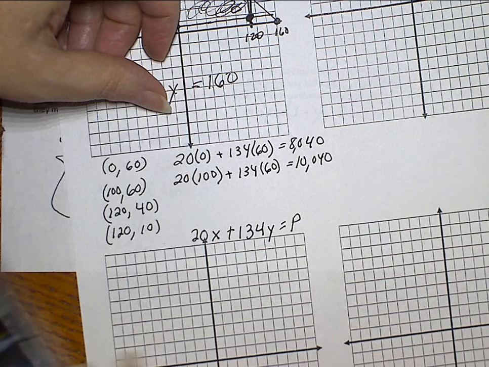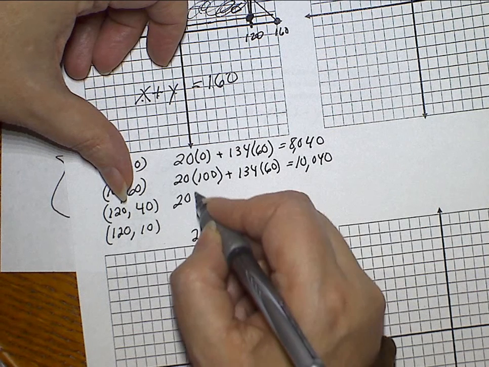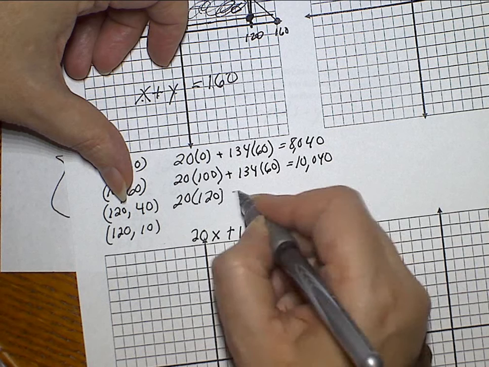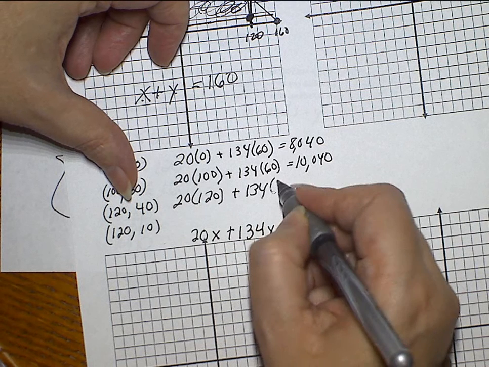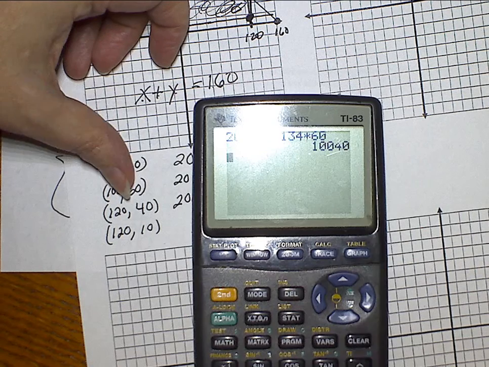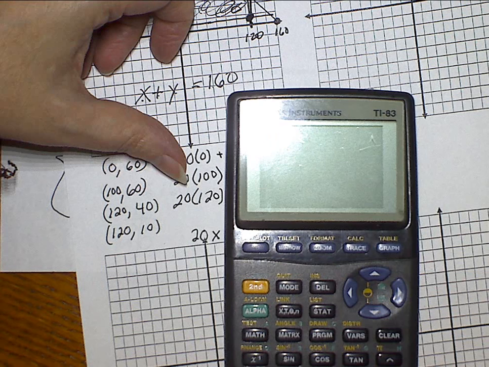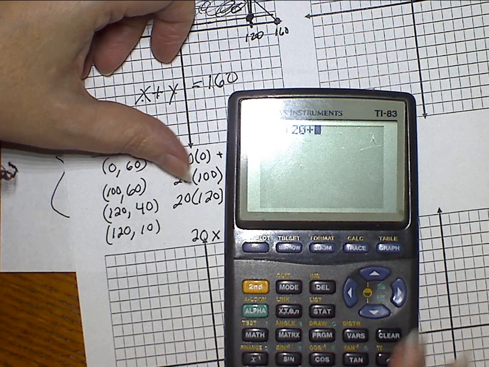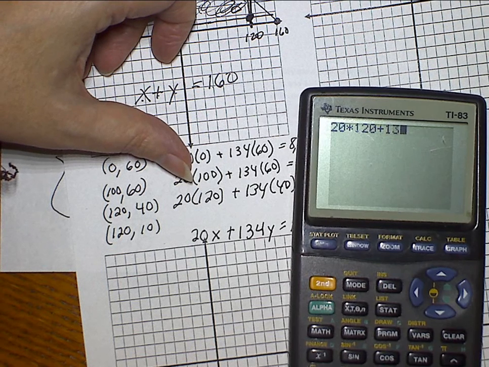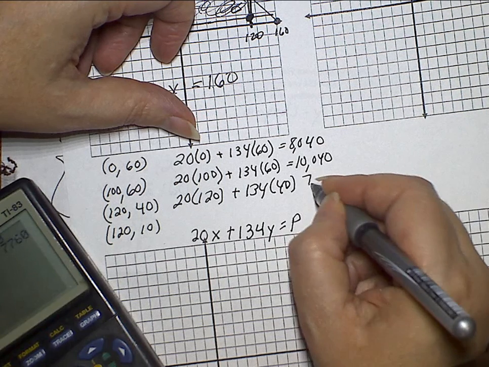Doing this one, I have 20 times 120 plus 134 times 40. So I got 7,760.